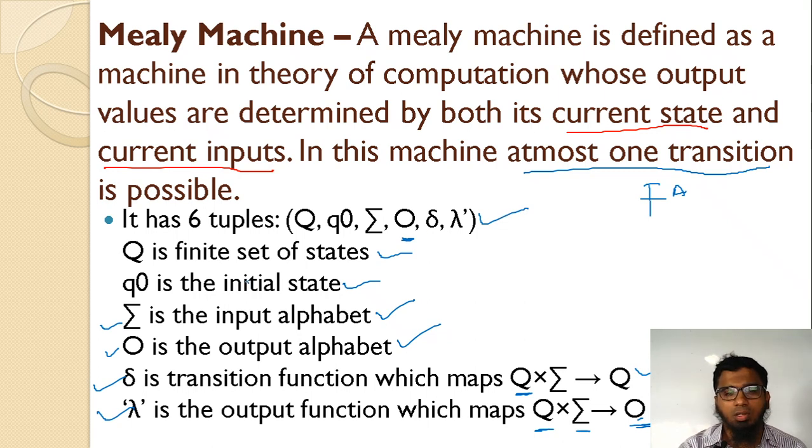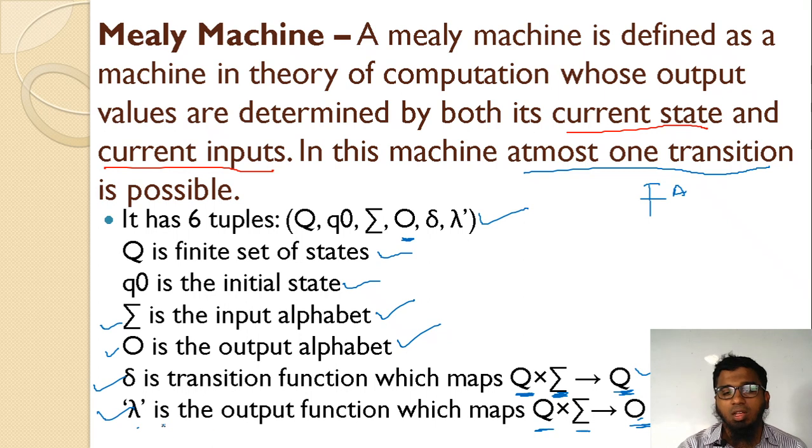In these 6 tuples, the first one is the finite set of states, that is Q. Q0 is the initial state, sigma is the input alphabet, and capital O is the output alphabet. Delta is a transition function which maps Q cross sigma to Q. Delta is the transition, the main important thing is delta.